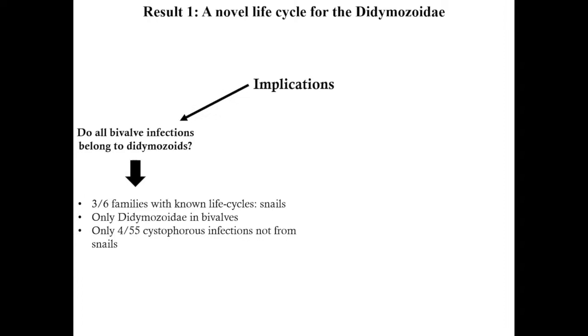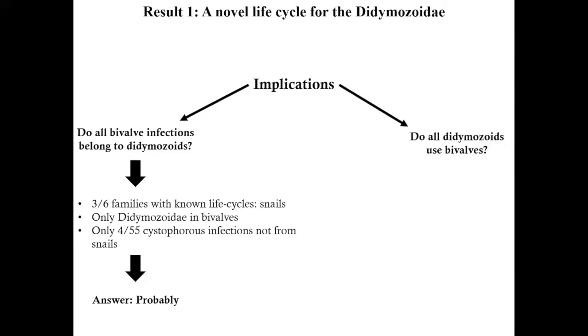And in addition, only 4 of the 55 unassigned anonymous cystophorus infections ever recorded are not from snails. So bivalve infections in hemiurids are a rarity, really. And given this data, we can think that probably all the bivalve infections are going to be didymozoid in nature.